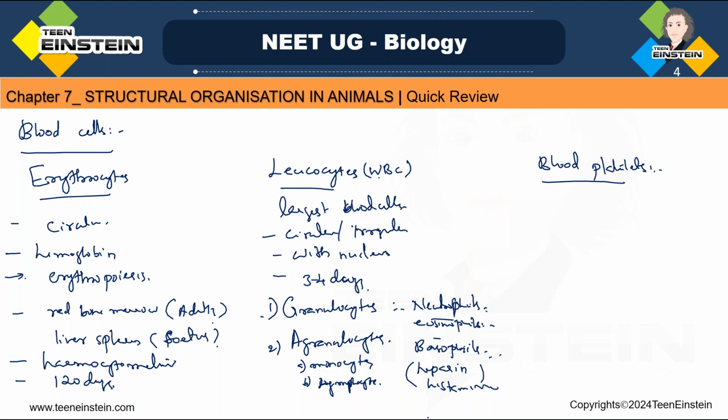Okay, so now we have learned about blood cells, which are erythrocytes and leukocytes, and next is blood platelets. Blood platelets we can also call thrombocytes.